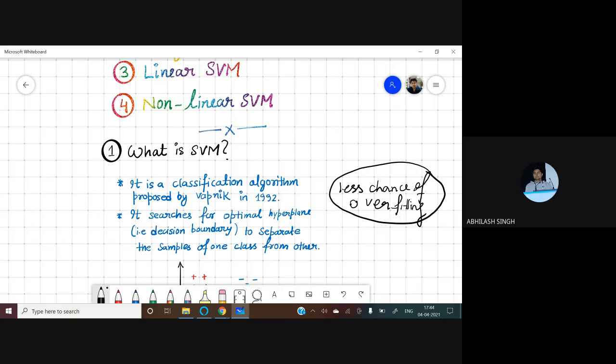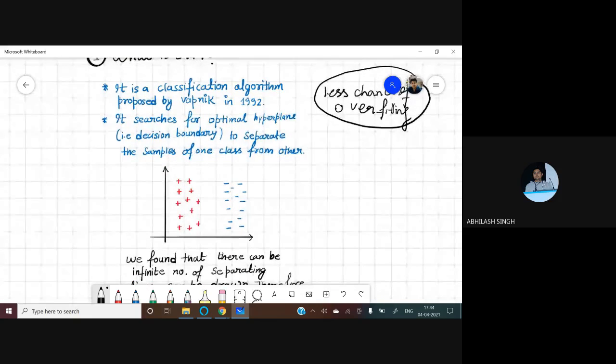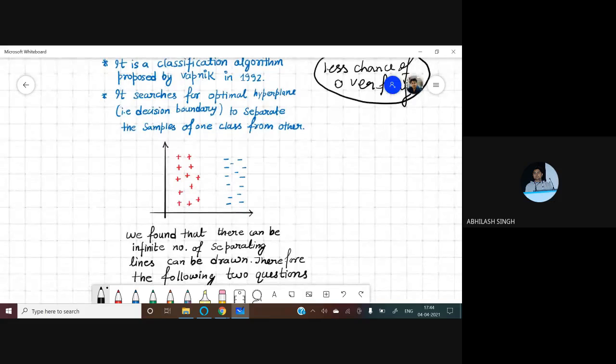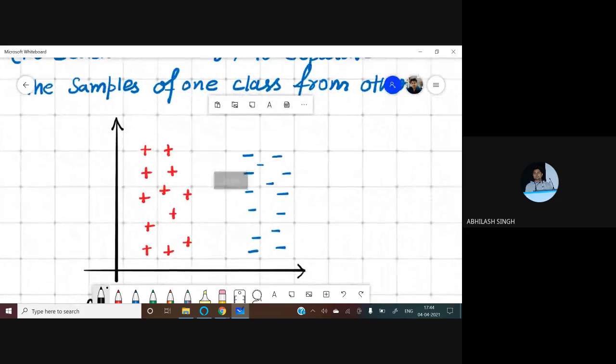So let us see what a decision boundary is, and what a hyperplane is. As you can see in this diagram, there are two classes.